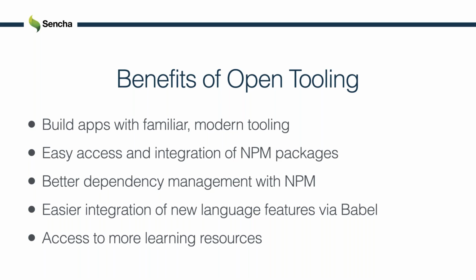So if you're coming from a different background, there's a chance you will be familiar with these tools, know how they work and how they fit together, and can jump straight into using them. Another big benefit is the easy access and integration of Npm packages. As we said before, Npm has a huge number of packages available to make use of.